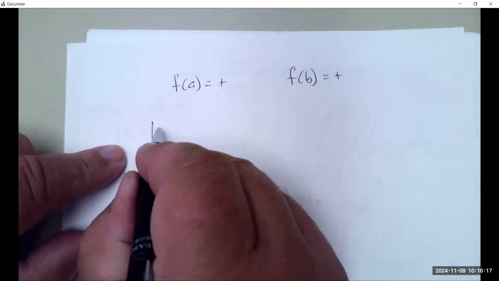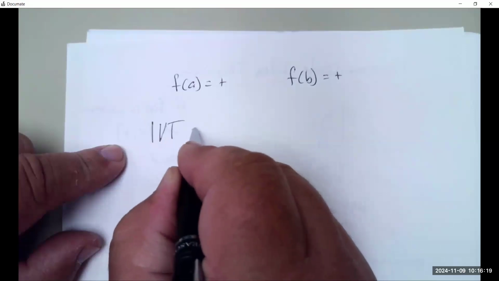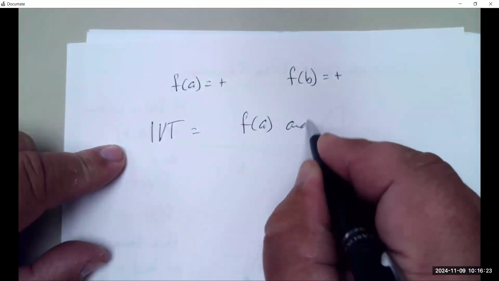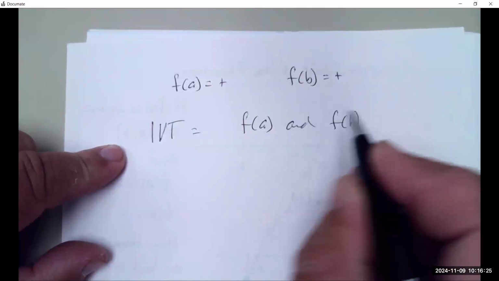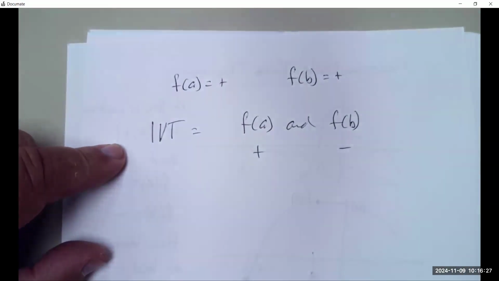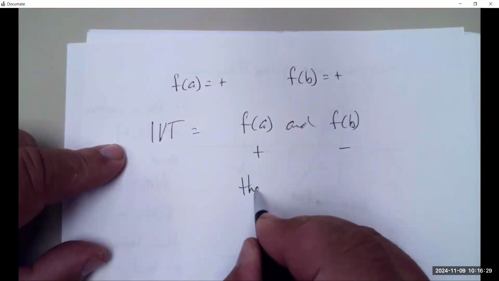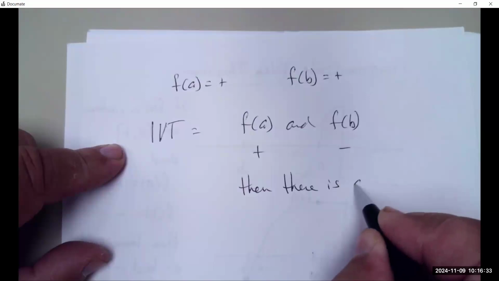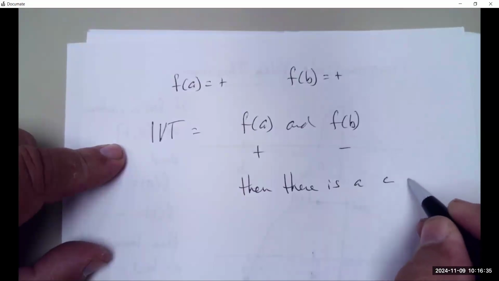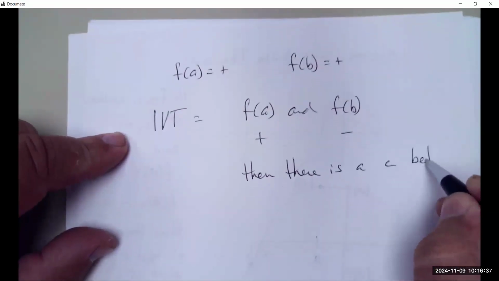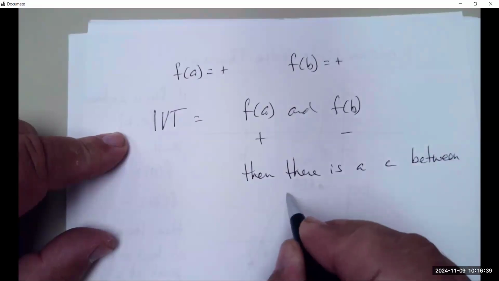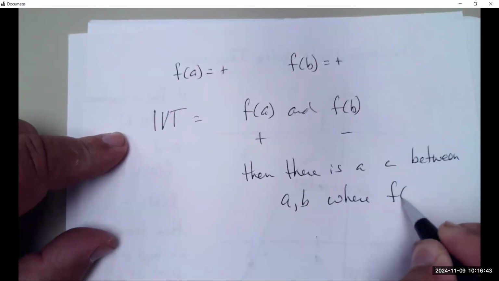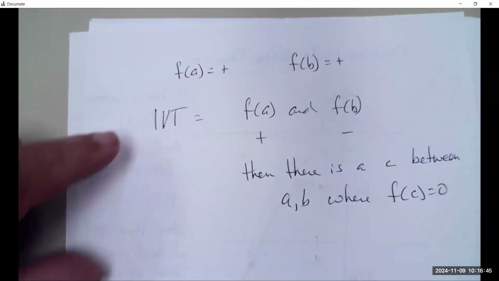The intermediate value theorem says that if f of A and f of B, one's positive, one's negative, then there is a C between A and B where f at that point equals 0.